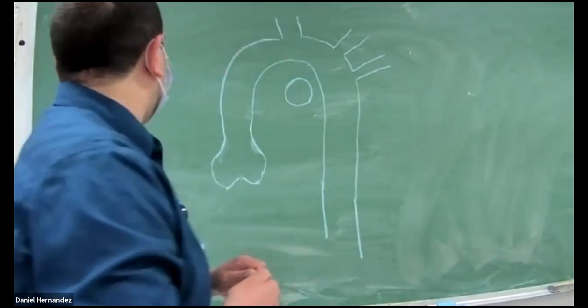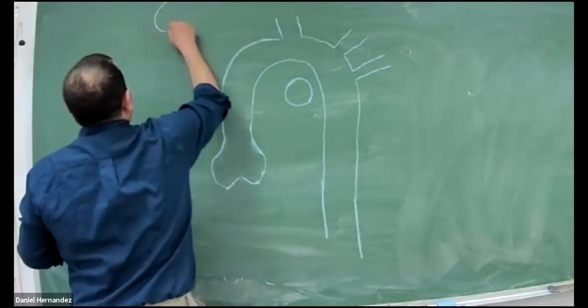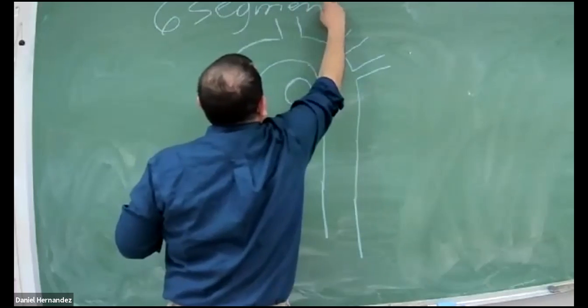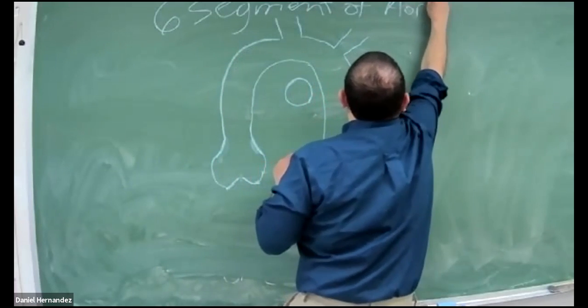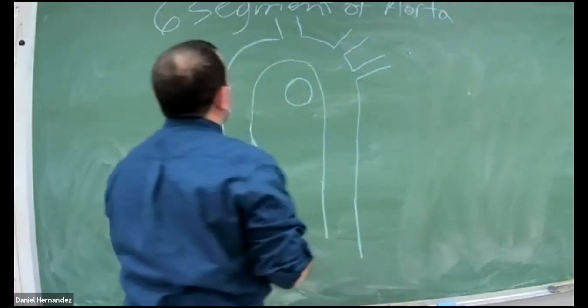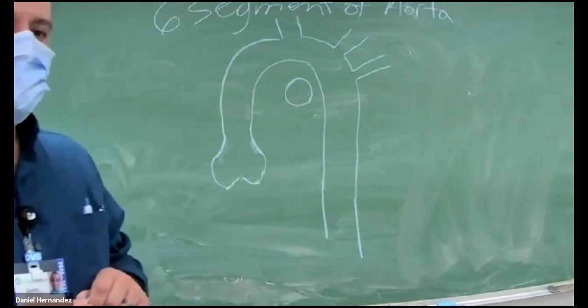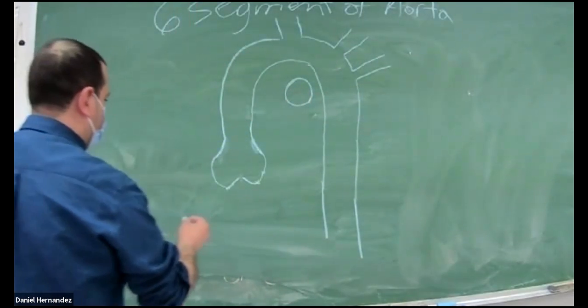But just to start off, there are 6 segments of the aorta as it pertains to us with echocardiogram. The aorta will begin at the annulus.